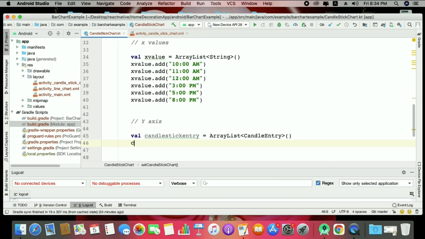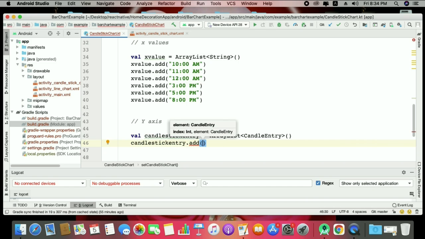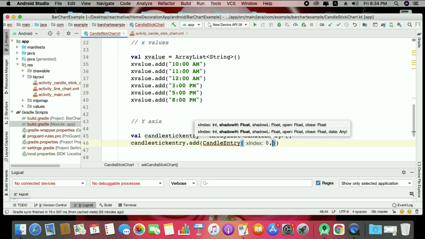Your candle entries will be candleEntries.add, with a CandleEntry, and the first index you have to start from 0. Here you can see there is a shadow high and shadow low, as we discussed, the above part, and then you have the open price, then we have the close price. These four areas you have to work with.